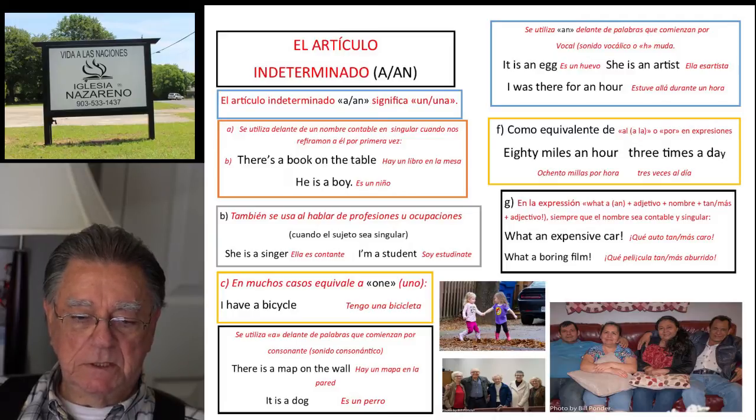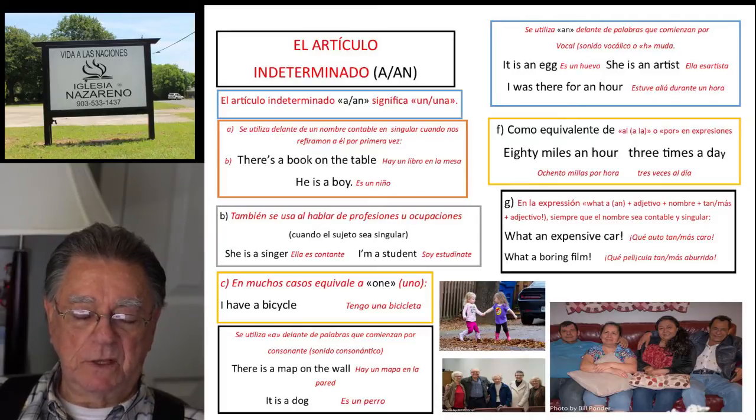Okay. En muchos casos equivale a one, uno. Okay. Example. I have a bicycle. I have a car. I have a house.